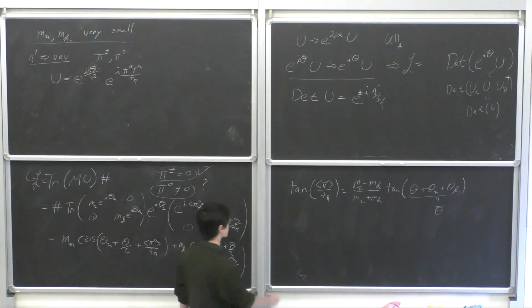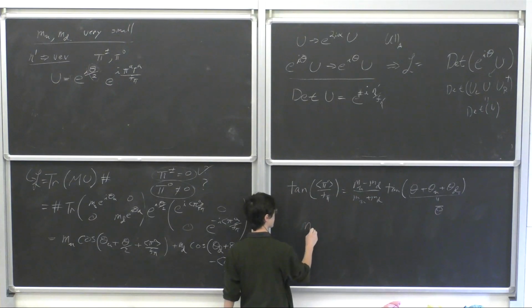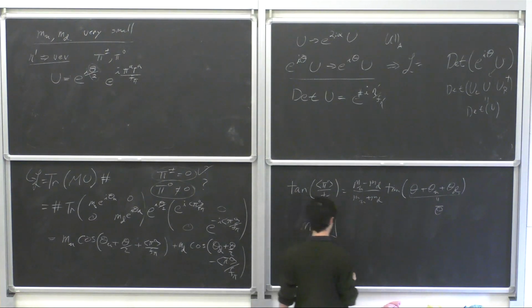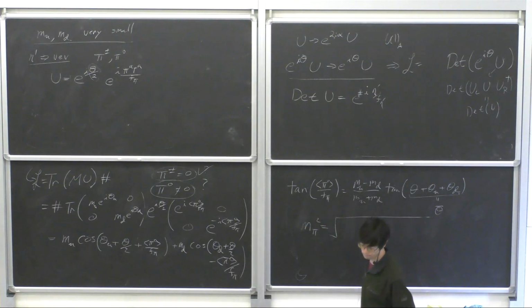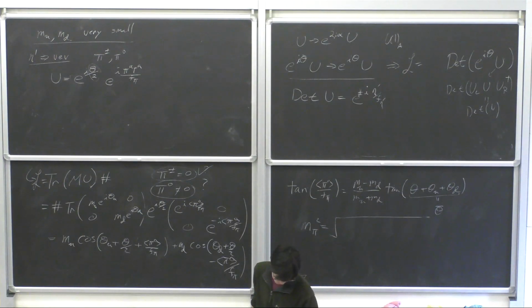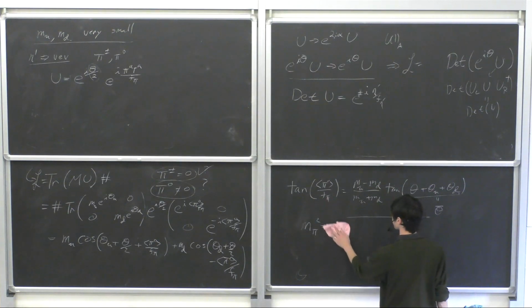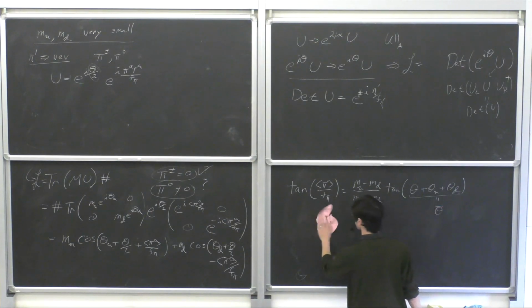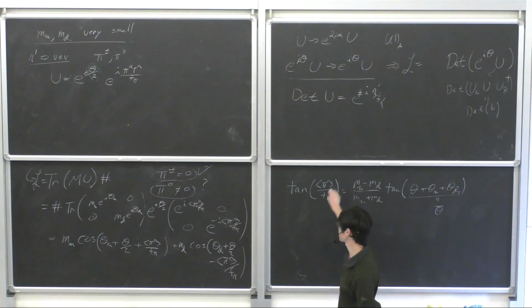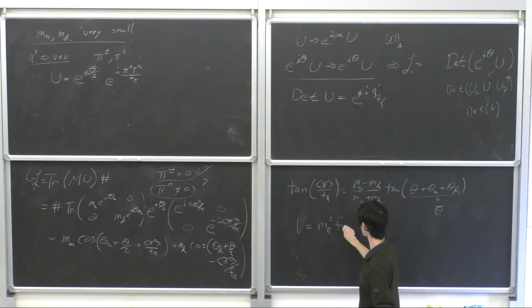You can even do things now, calculate the pion masses, and pi squared. It's going to be some god-awful mess. Do I remember it? No. If nothing else, you can just plug this back in and get the vacuum energy of your theory. I'm just going to write the vacuum energy of your theory.